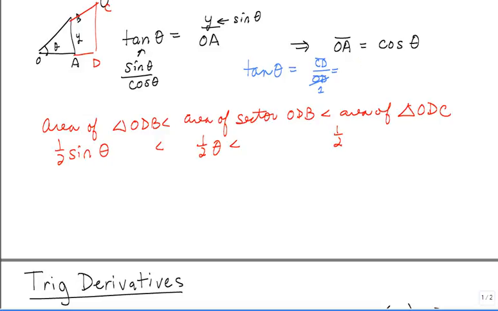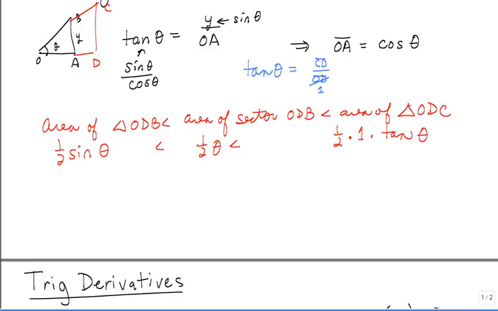So CD is tangent theta. So going back to this, the base of ODC is 1, and the height is CD, which is tangent theta.